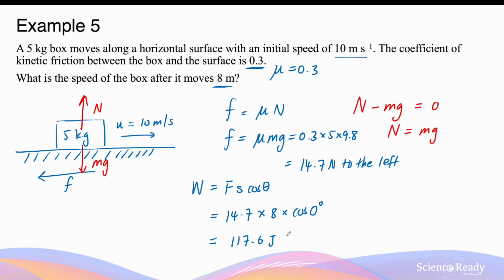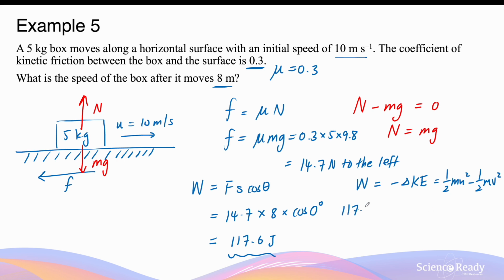Now, since friction acts to decelerate the box, this value of work is the amount of energy that is taken out or transferred out of the box. Algebraically, we can say that the work done by friction is equal to the negative change in kinetic energy, which is half mu squared minus half mv squared.